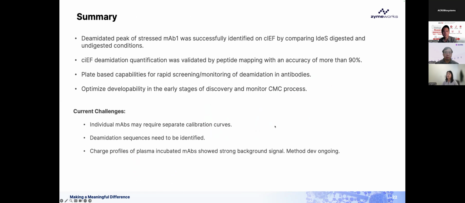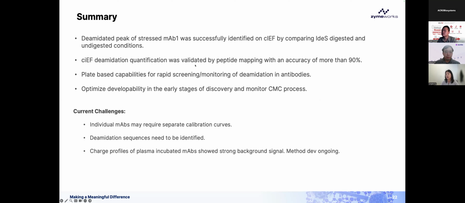And in summary, here we developed a CIF method that helped us quantify the deamidation level of mAb1 using this reduced and digested condition. And this CIF method was validated by peptide mapping with accuracy more than 90%.